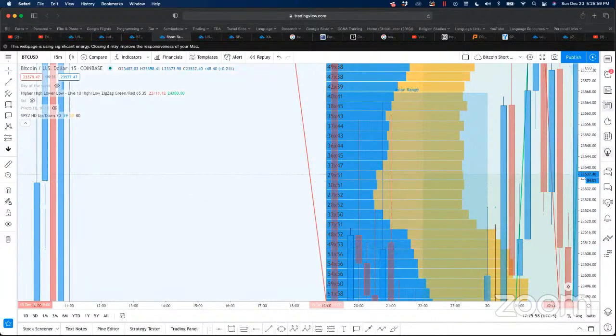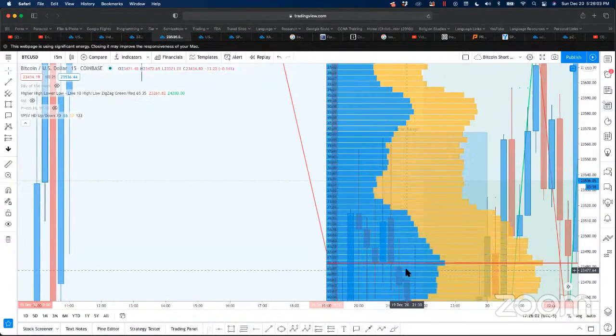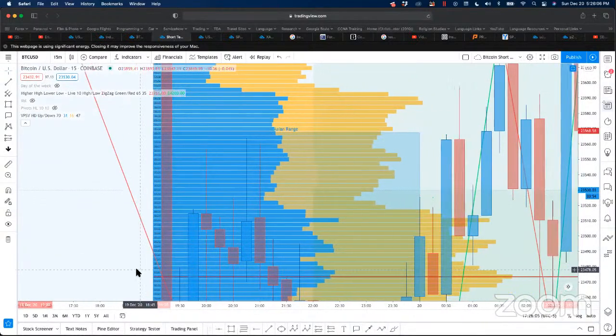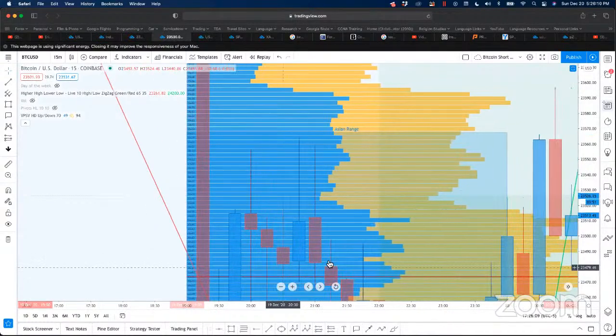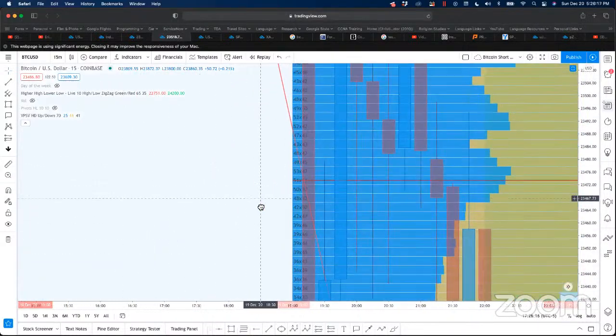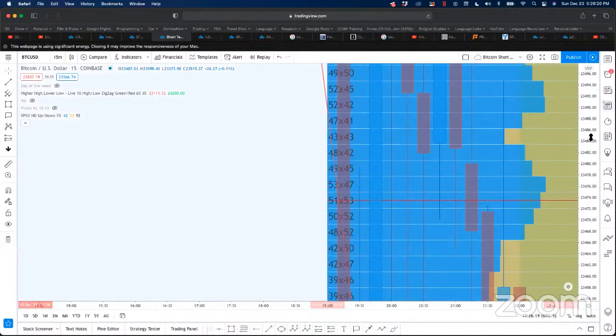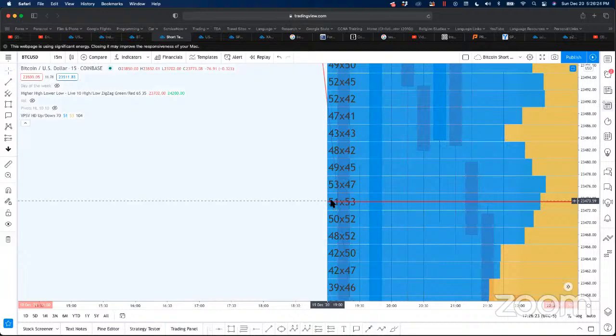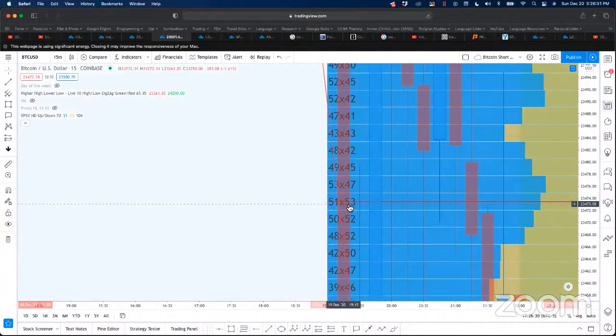If we go down, the area that had the most volume of trading so far for this particular day was right here, the 54. 5,100 and 5,300 on each side, which gave you all together 10,400 orders placed at this particular price of 23,473. This area becomes the value area.